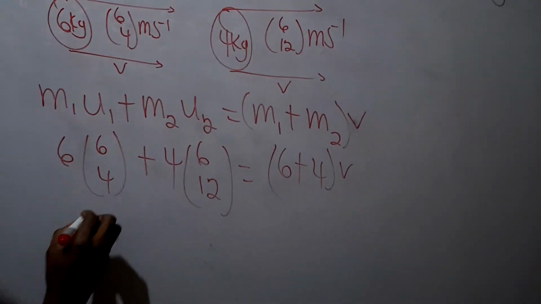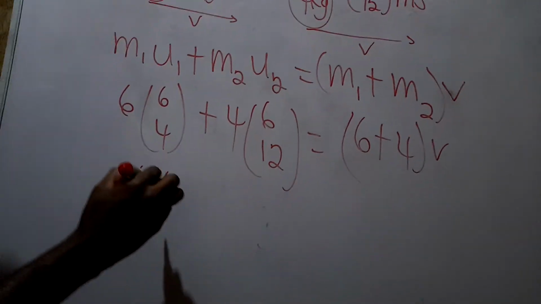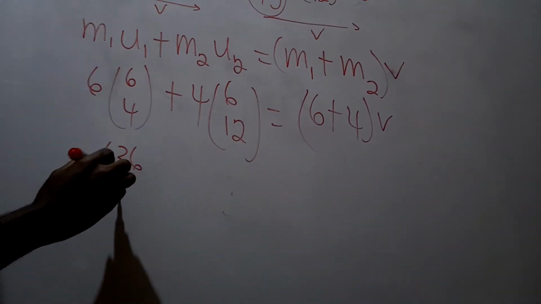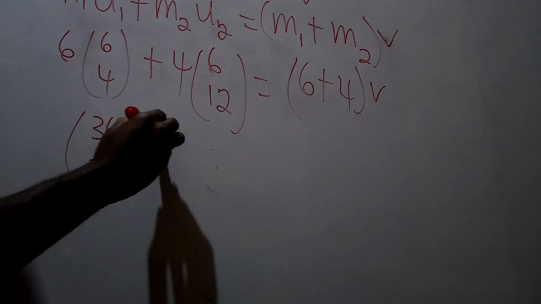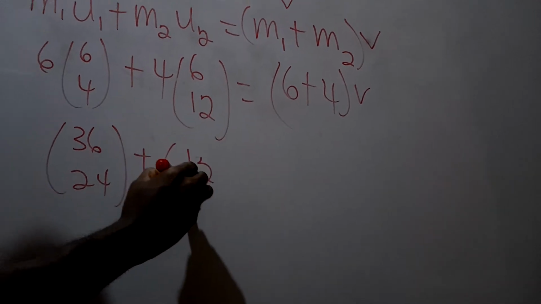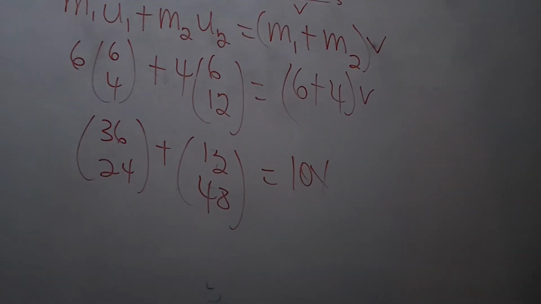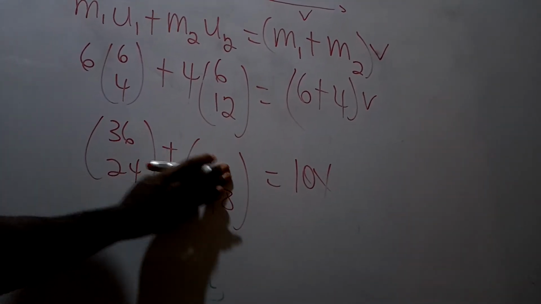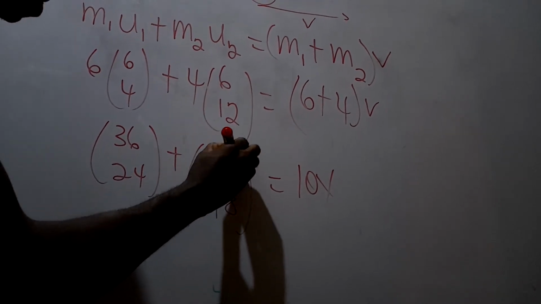So 6 times 4 will be 24, plus 4 times 12 will be 48.